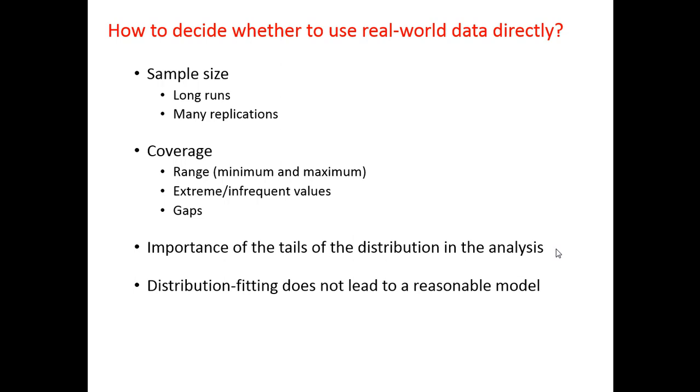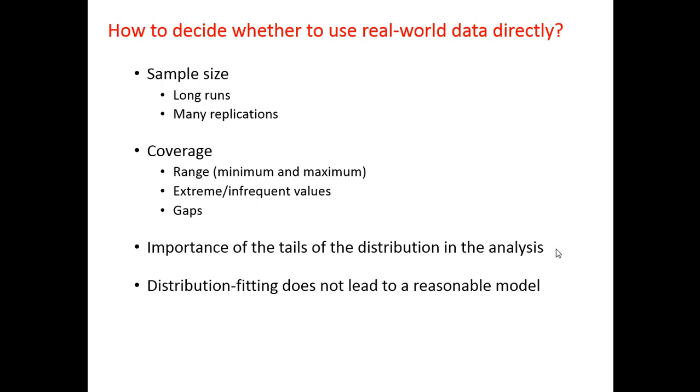However, a more plausible scenario is when you're using statistical software that only tests the fit for a limited number of distributions. And it turns out that none of those distributions that your software supports is a good fit for the data that you have. So in this case, you may want to decide to use the real-world data directly in your model, considering the things that we already talked about.